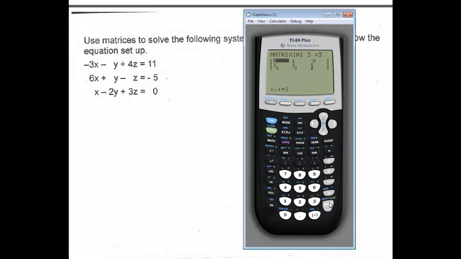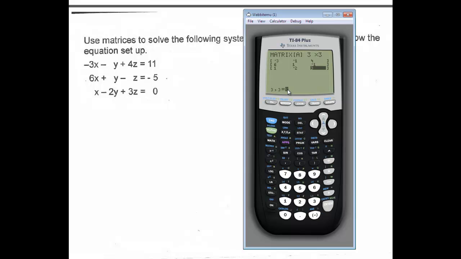Our first number should be -3, so just overwrite that, -3, enter, and it changes the number for us. This should be a -1, enter, 4, enter, 6, enter, 1, enter, -1, enter, 1, enter, -2, enter, 3, enter.